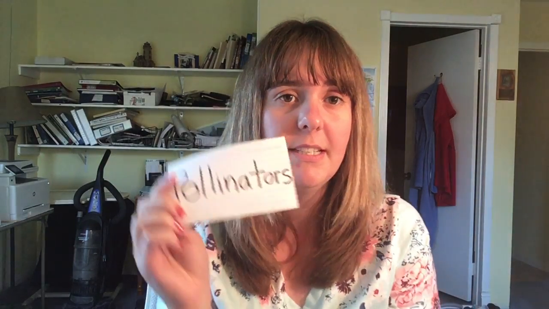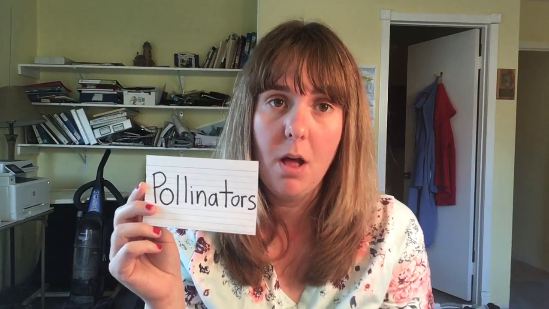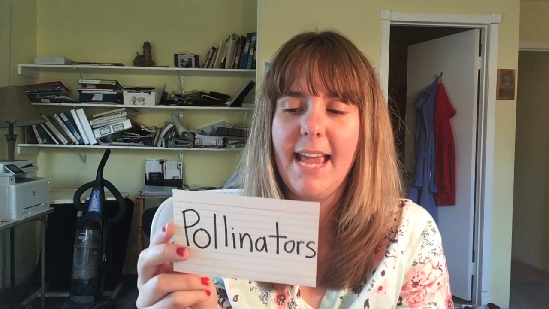For vocabulary, we'd also have another vocabulary card, which is our word pollinators. I would have the kids repeat after me, pollinators. Pollinators are animals that cause plants to make seeds, for example hummingbirds. I could also ask questions like, what kind of animals do you usually see around flowers?